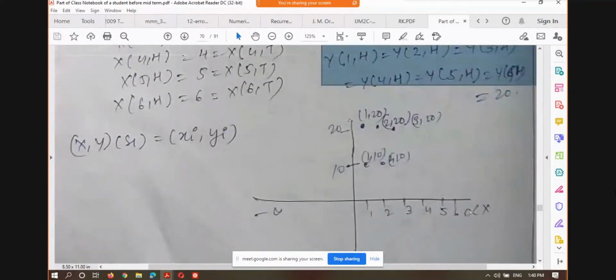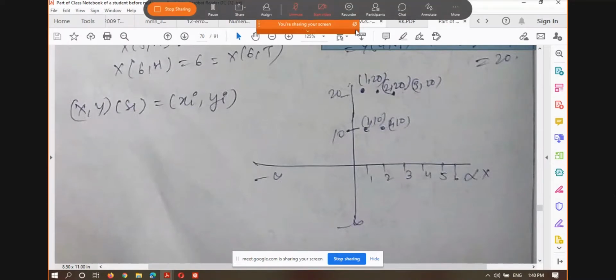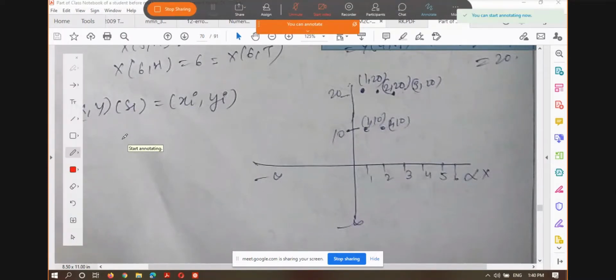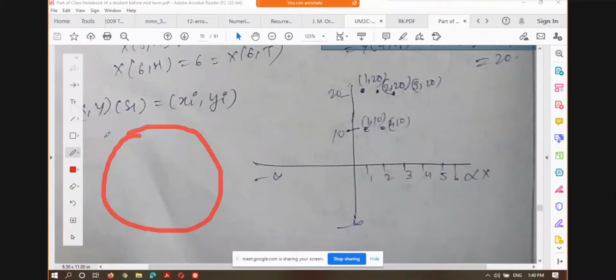Earlier we mapped the sample space to one real line, but here we have two random variables. This is our sample space capital S, and here is some event Si.